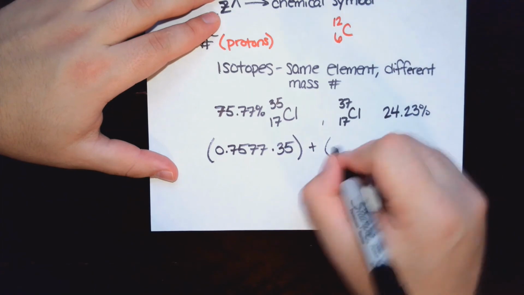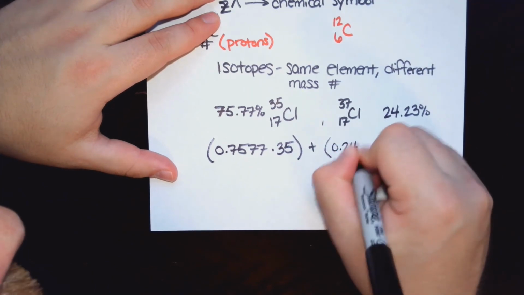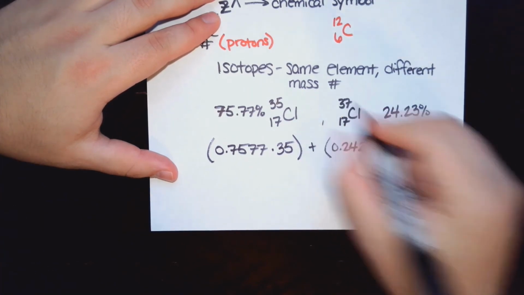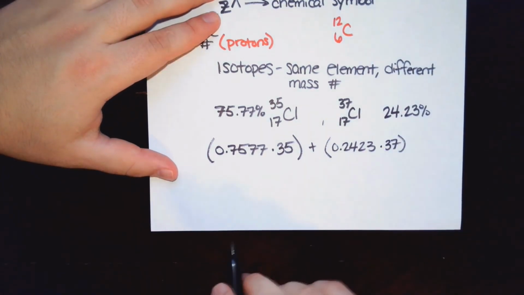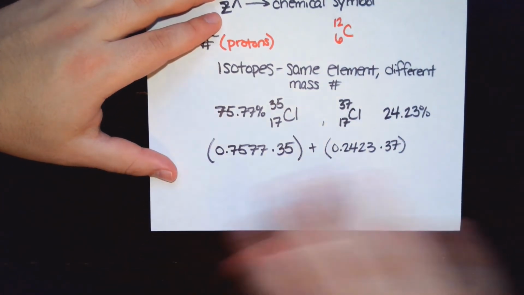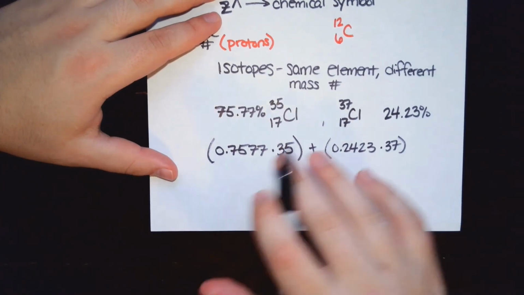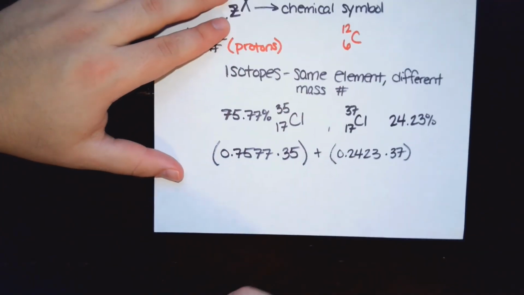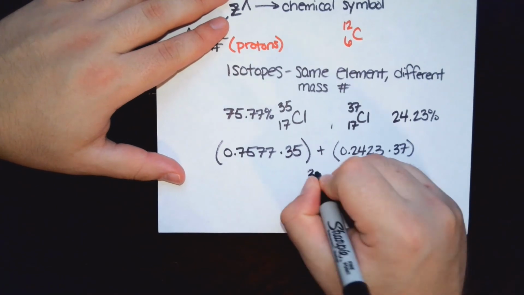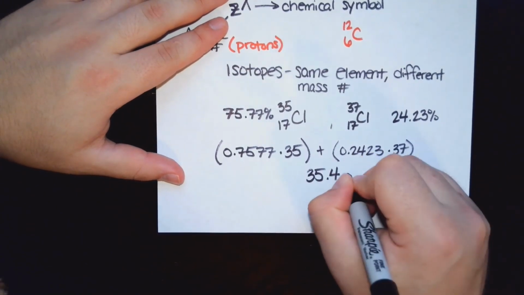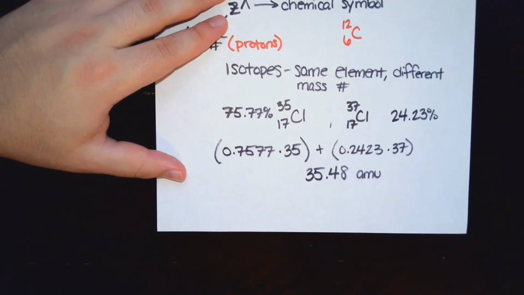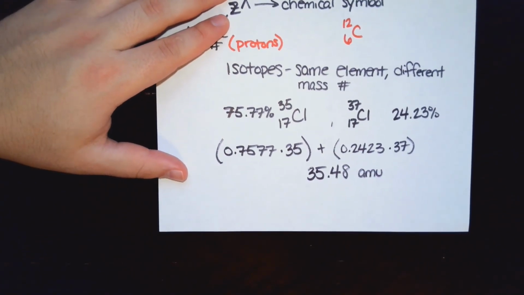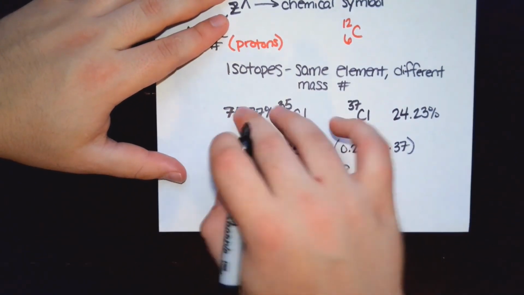Convert this to a decimal, so we've got 0.2423 times its mass number, 37, and just add those together. And no matter how many different isotopes you have, it doesn't matter. You can do this every time, and it'll give you the correct answer. And our final answer would be 35.48 atomic mass units. And that would be the atomic mass for chlorine based on this data.